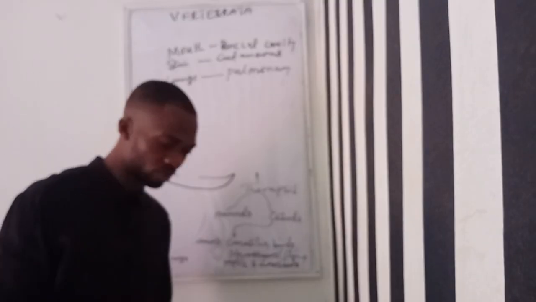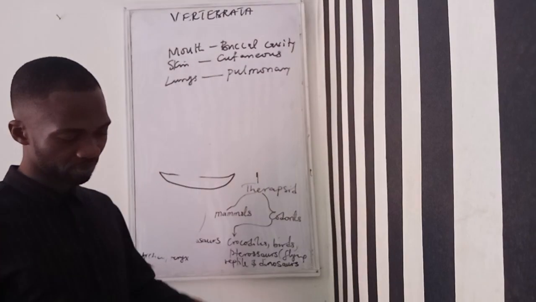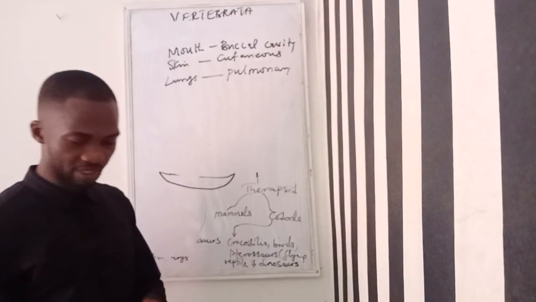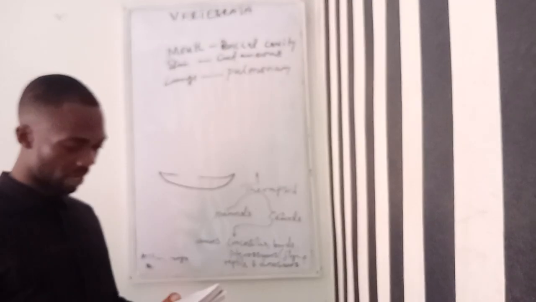So that is respiration in amphibians. Alright, in terms of circulatory system, we have already mentioned that they have two atria and one ventricle. That means that they have a three-chambered heart.